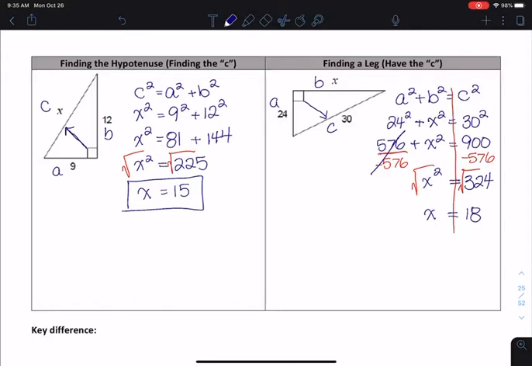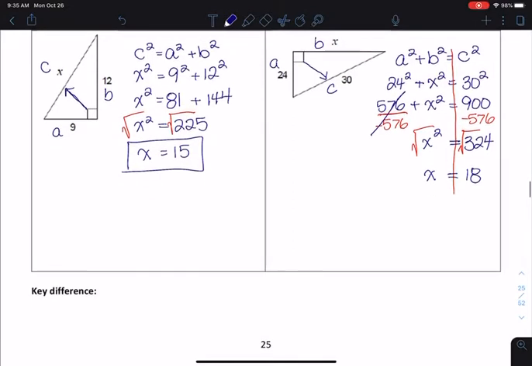So notice the difference between solving these two equations. The biggest difference is that here we simplify and then we take the square root. And here on the right-hand side, we actually have to solve and then take the square root.